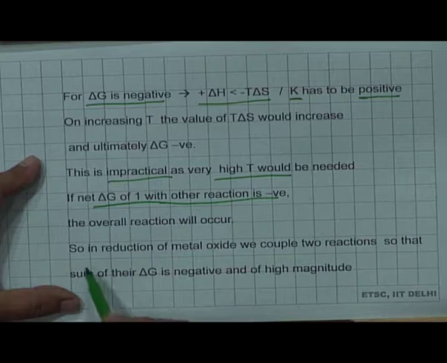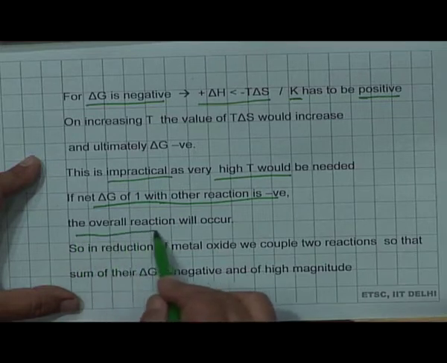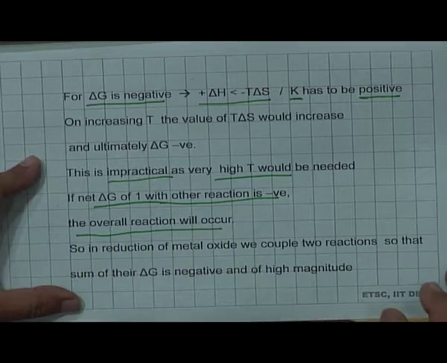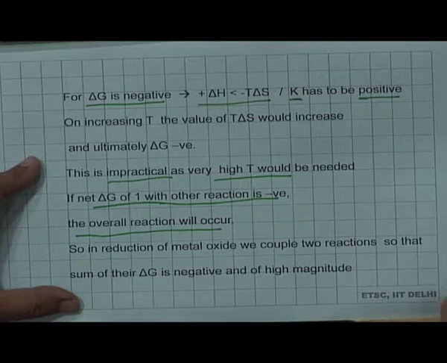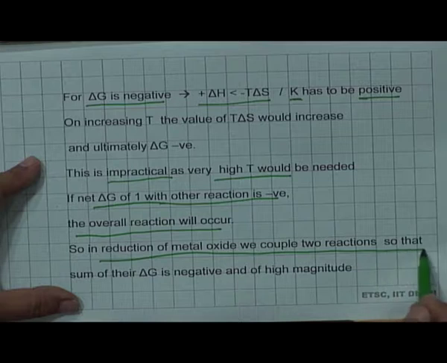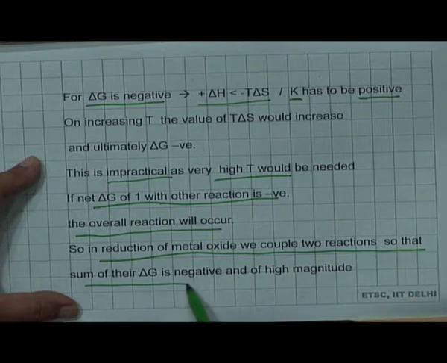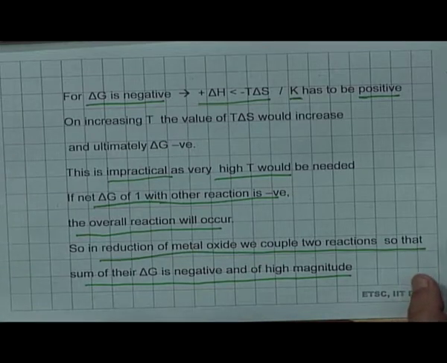Then the overall reaction will occur, and for the overall reaction delta G will become negative. So, in the reduction of metal oxide we couple two reactions so that the sum of their delta G is negative, and not merely negative, but negative of sufficient, high magnitude.